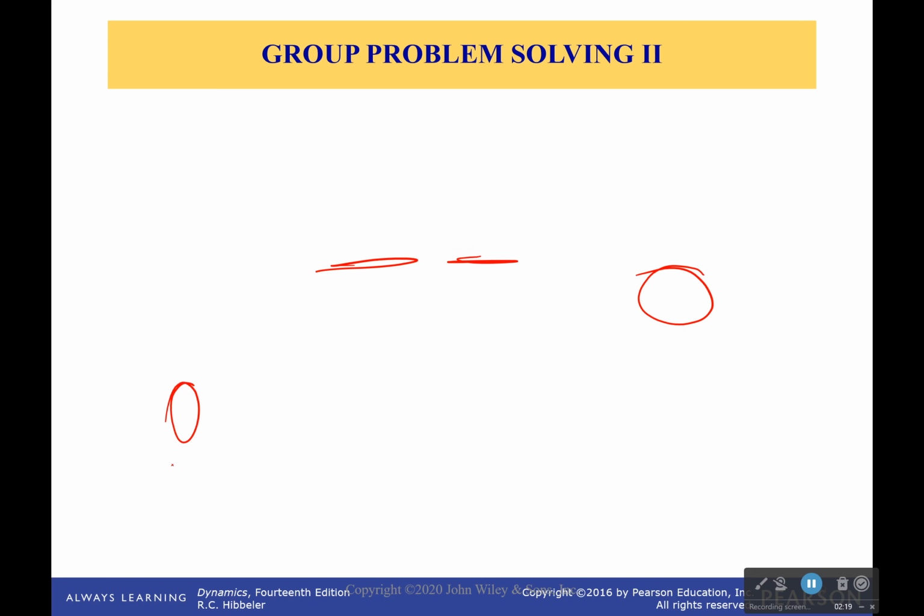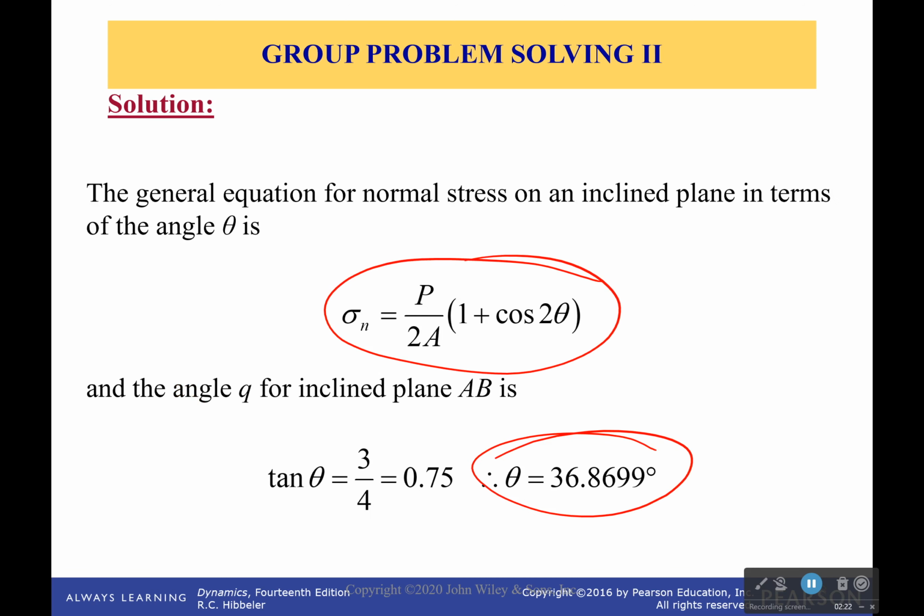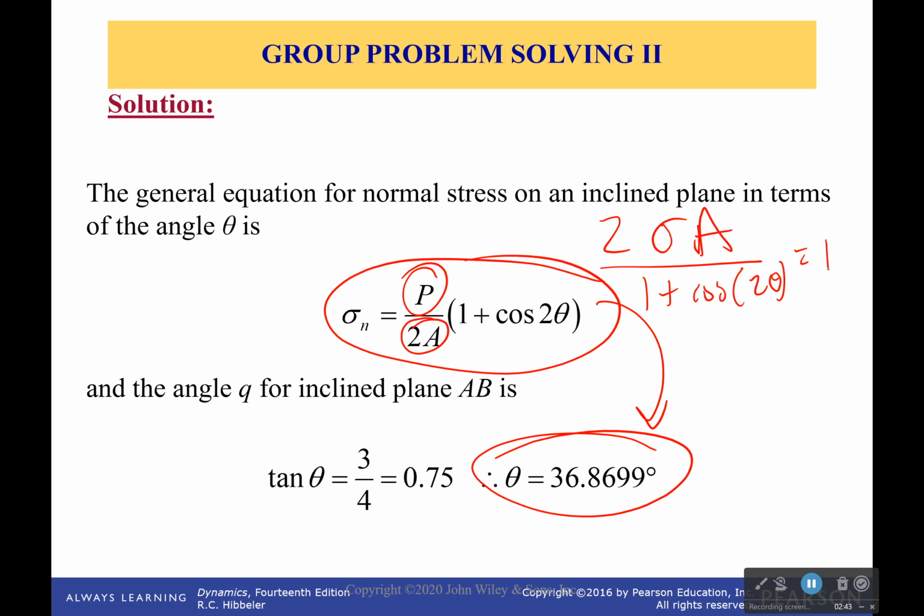We're using this equation right here. We get the angle, and then once we have the angle, we can solve for P, which isn't too terribly bad. We can just multiply both sides by this, so we get sigma times 2A, and then divide by 1 plus cosine 2 theta. And we should have P by itself.